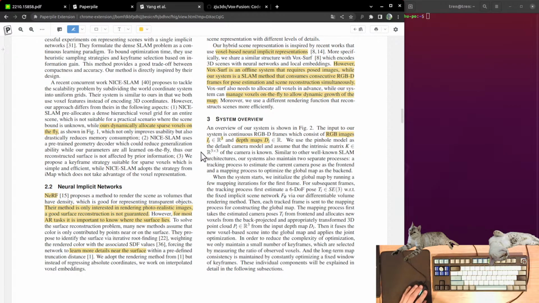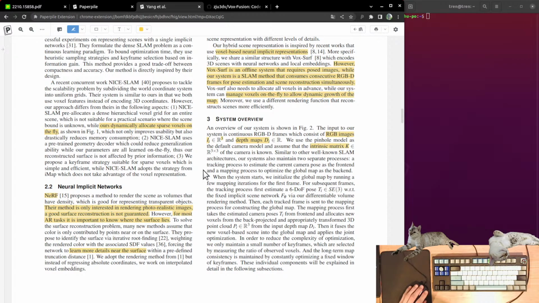"We use a pinhole model as the default camera model," so you're going to have a focal length and a camera plane and all these standard things from your computer vision geometry. Okay, you have the intrinsic matrix, camera intrinsics.